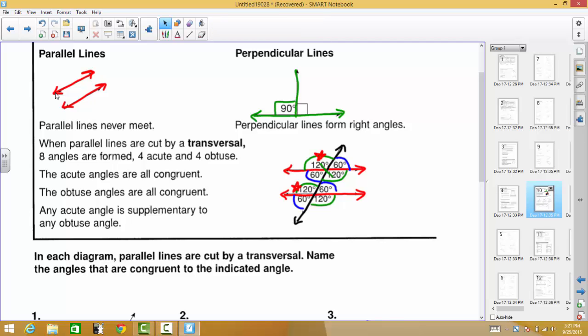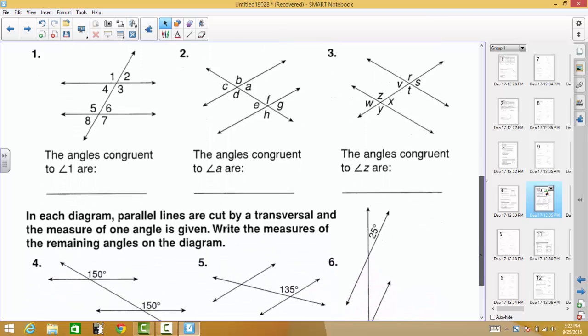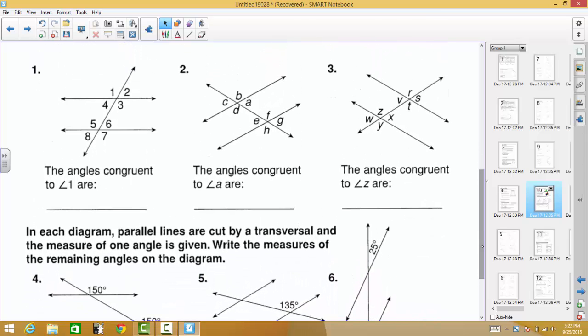We're going to get to that actually in a minute. So right now we're just going to write down the congruent angles. So angle 1 would be congruent with 3, and then 5, and then 7. All of those are the same measure.